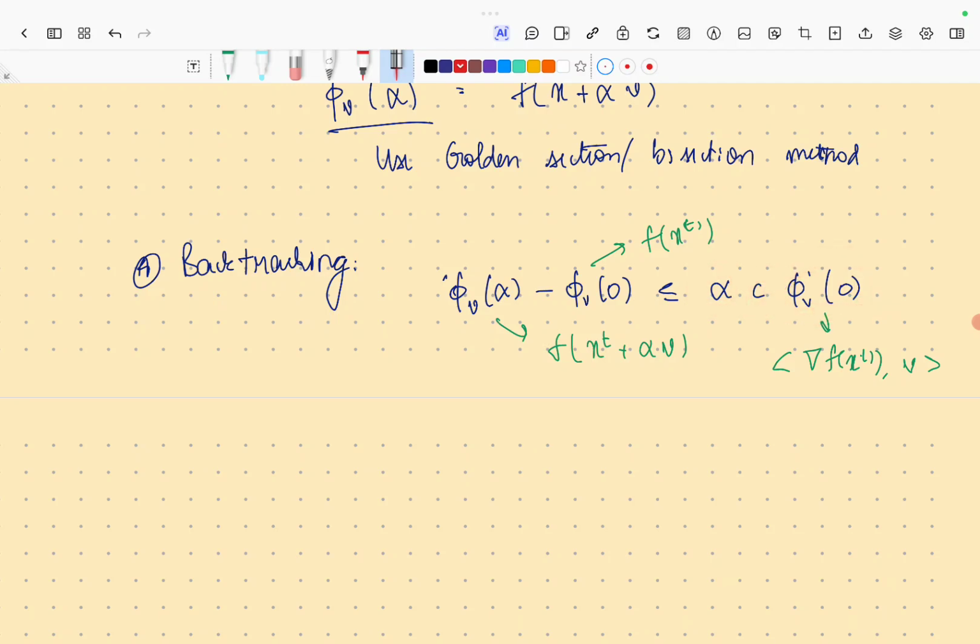So a larger C means that you take a larger step, but potentially you may have to make a lot of oracle accesses. I haven't still told you how do you choose your alpha. I said that you choose an alpha such that this happens. And this itself involves a search.